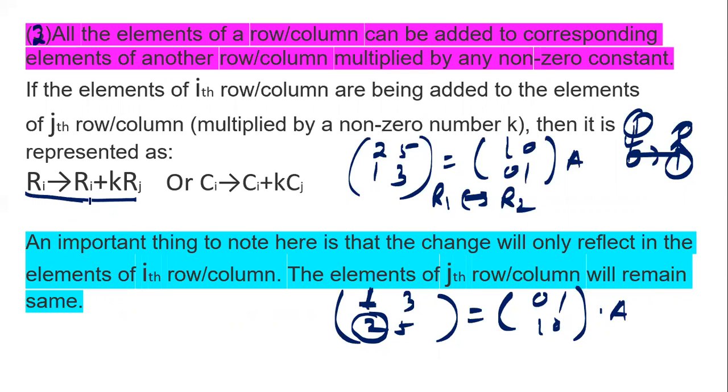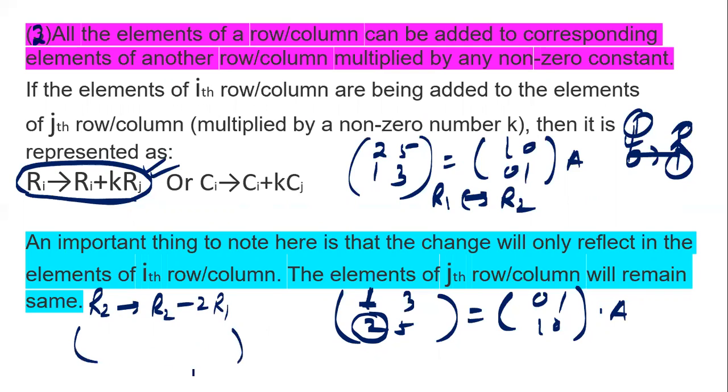If the elements of the ith row or column are being added to the elements of the jth row or column multiplied by a non-zero number k, then we can write like this. For example, if I want to write over here R2 arrow R2 minus 2R1, I can write like this because I want to make it 0.